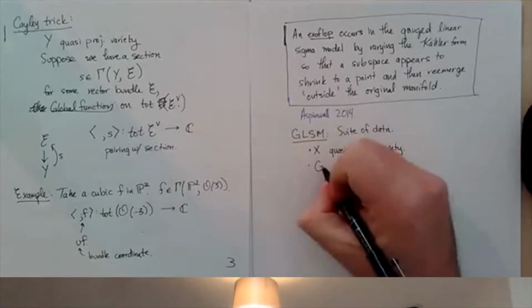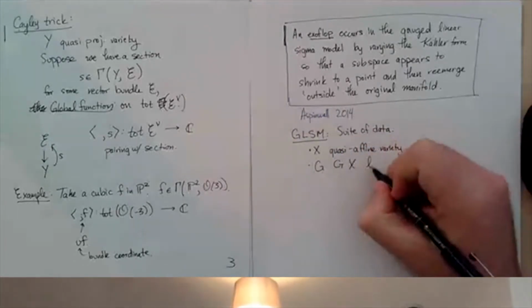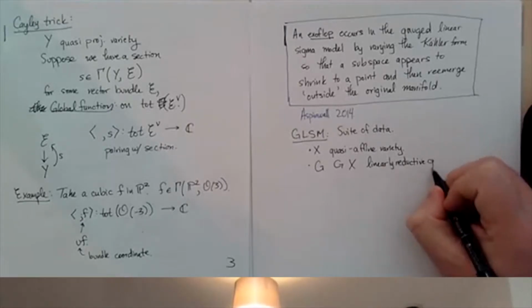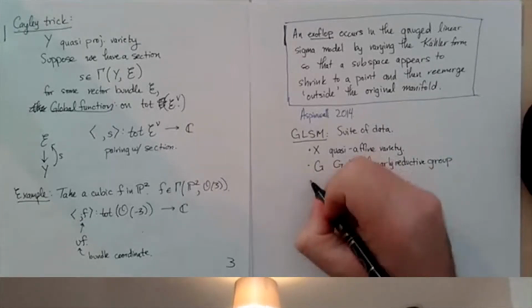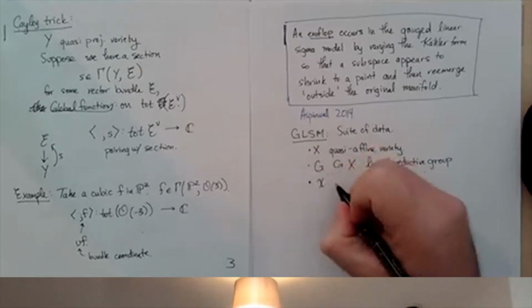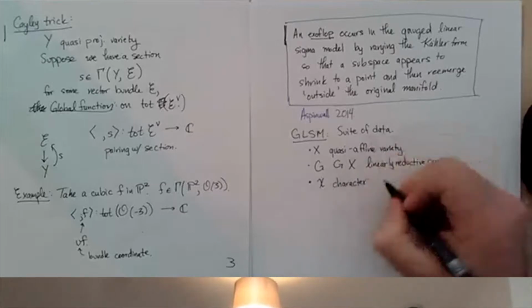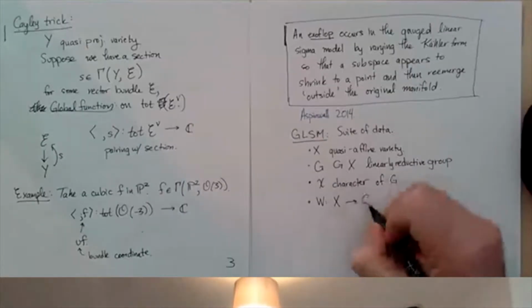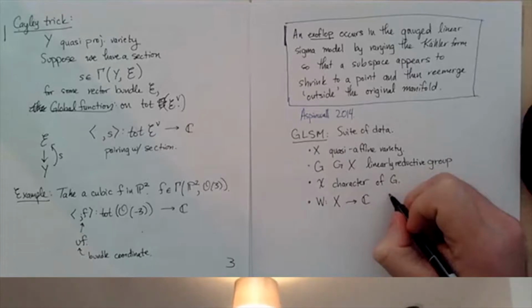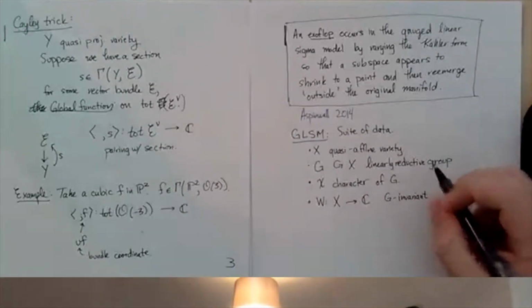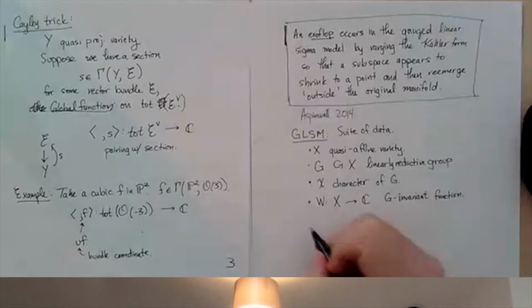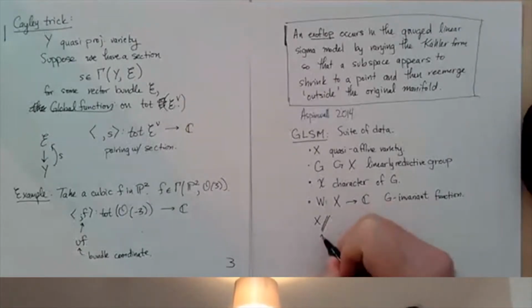You have G, which is a linearly reductive group acting on X. And then we have some character of G. And then we lastly have W, which is some G-invariant regular function from X to C. So in particular, we can think of this as we have X, and then we can take the GIT quotient by G using the character chi.